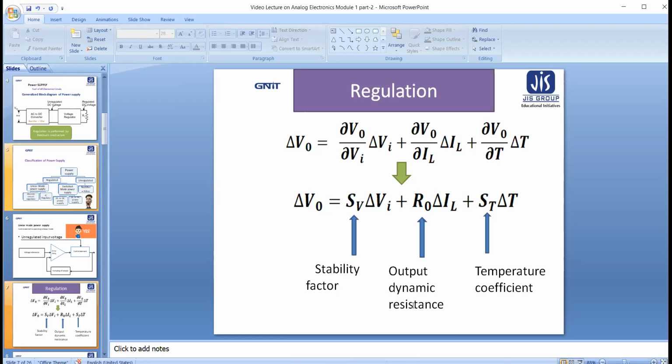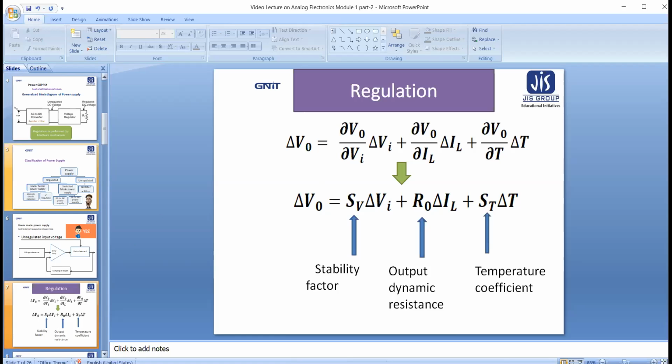Therefore it is called output dynamic resistance. And the third term is the stability factor, which is a temperature coefficient, because it will depend on the variation of the temperature. So these three parameters, that is SV, R naught and ST, basically control the change in the output voltage.